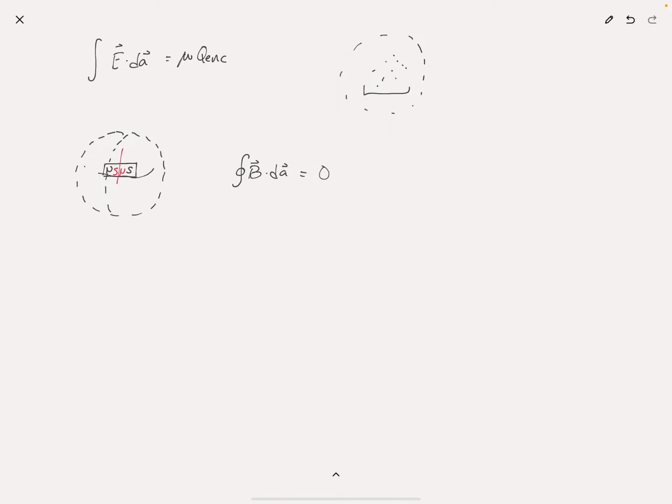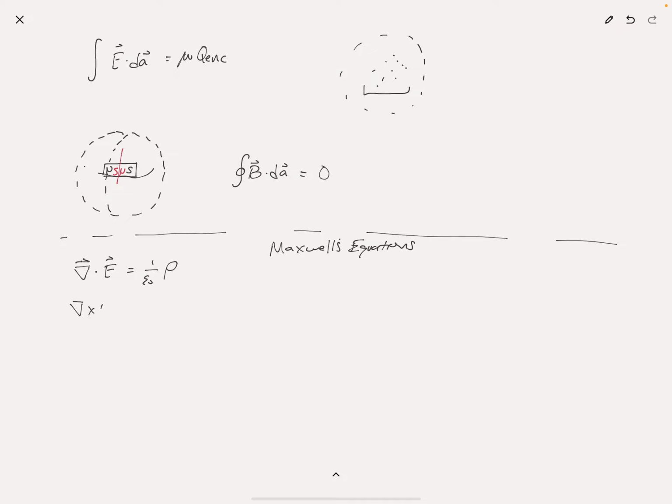I don't know if this expression has a name, but we talked about Ampere's law, and we have this other one, B dot dA is equal to zero, and now we have officially seen all of Maxwell's equations in some form in this class. I'll write these all in differential form. We have Gauss's law, which is the divergence of E equal to 1 over epsilon naught times charge density.